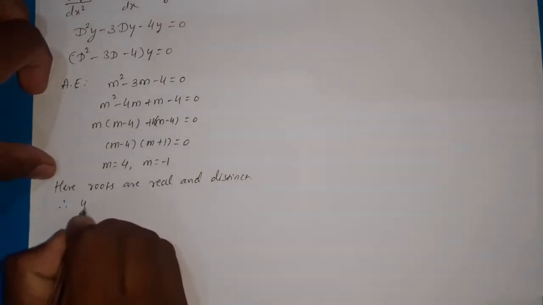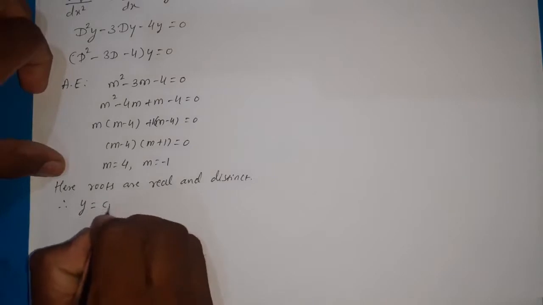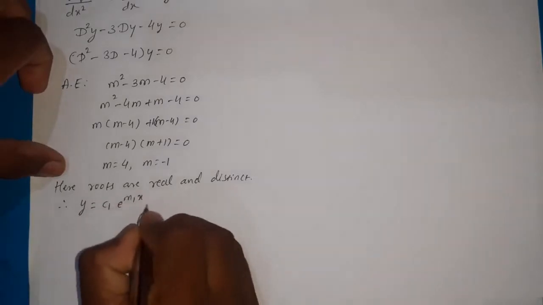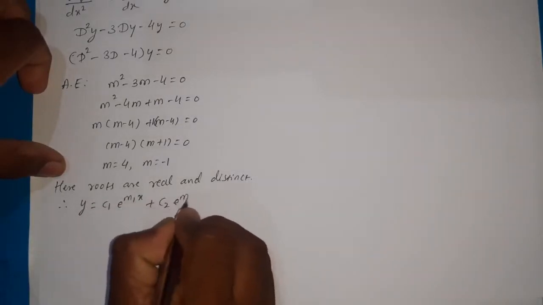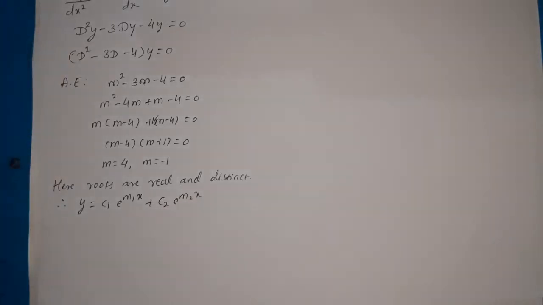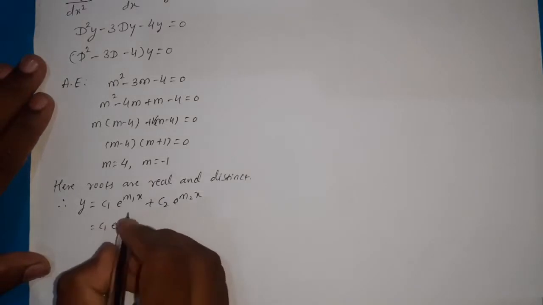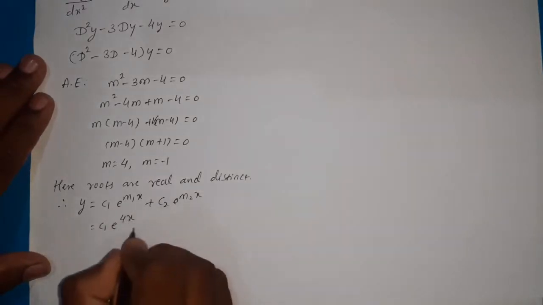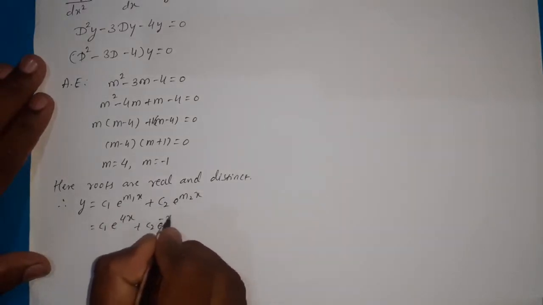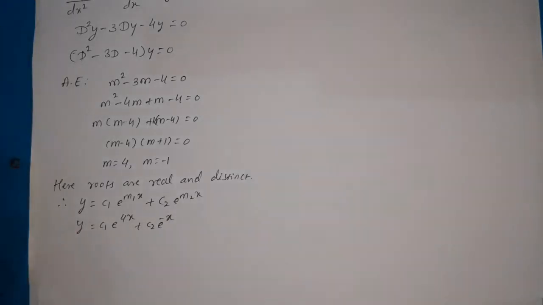Therefore y is equal to c1 e power m1x plus c2 e power m2x, and this is equal to c1 e power 4x plus c2 e power minus x, which is the required solution for the given differential equation.